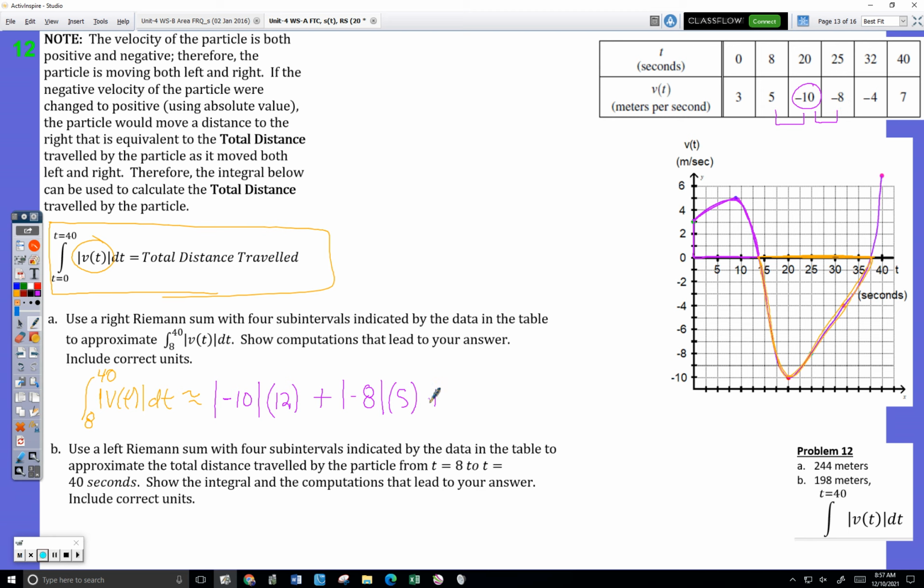Then you're going to take negative 4, but then you want the absolute value of that. That'd be 4, then you just multiply by 12. Nicely done. Two points for Naomi. And then Brooke? What's the absolute value of 7 times 8? Two points for Brooke. Question?